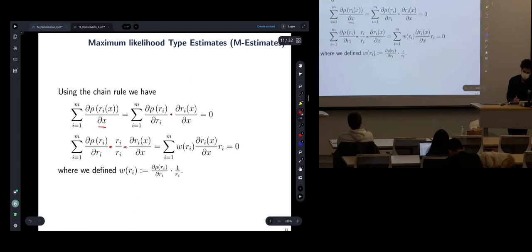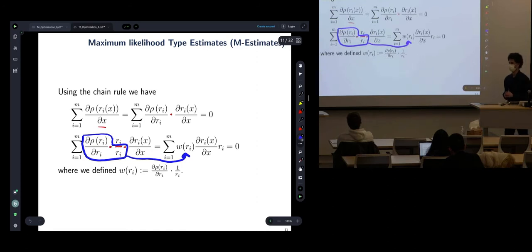We use a trick. If you multiply and divide this by the residual, and define this to be your new weight that depends, of course, on the residual, this will be an example of the weighted least squares.